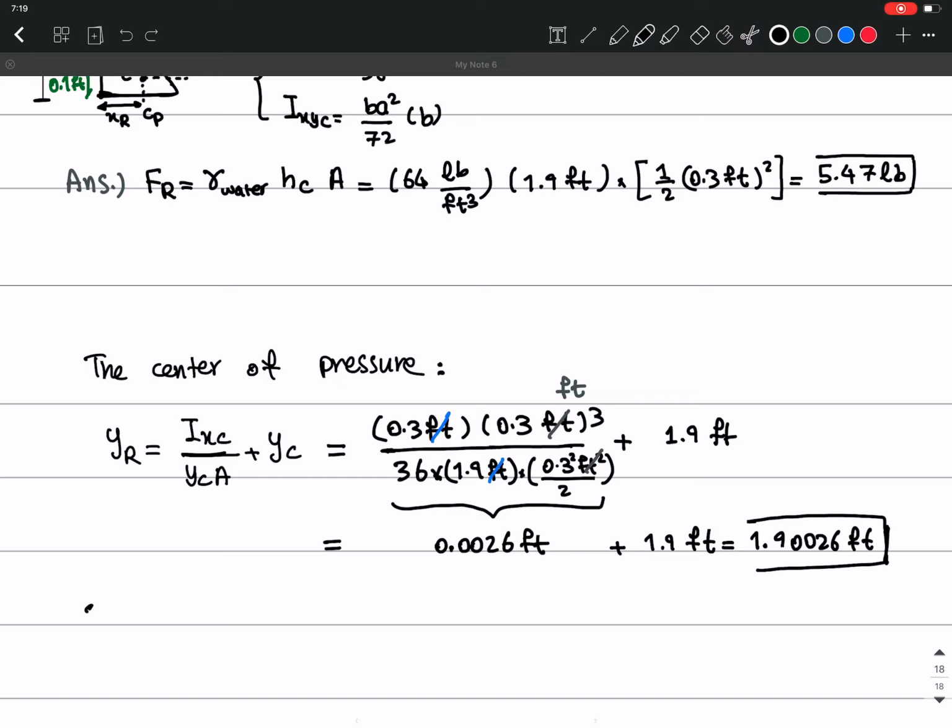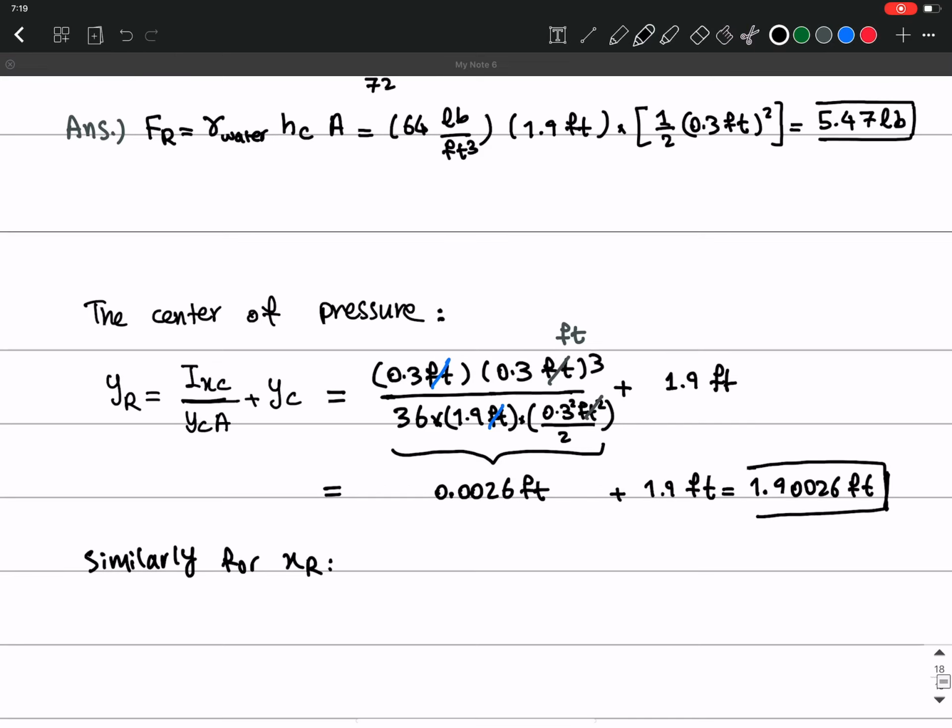And similarly for XR, so XR is going to be IXYC over YCA plus XC.